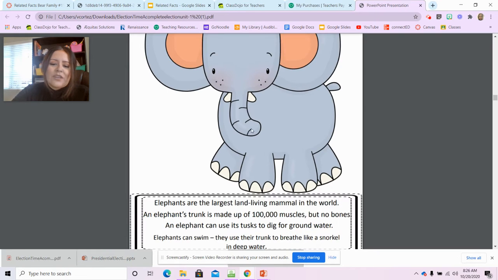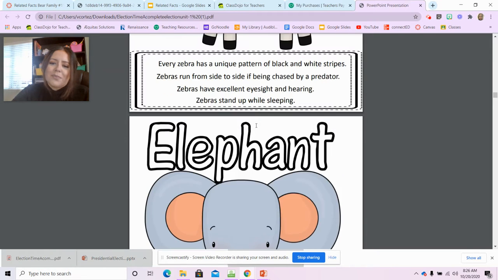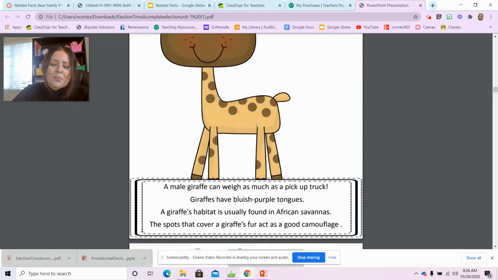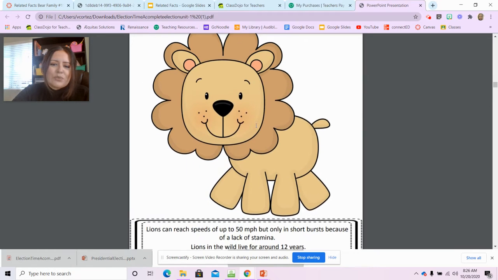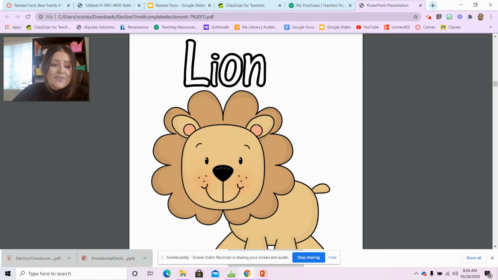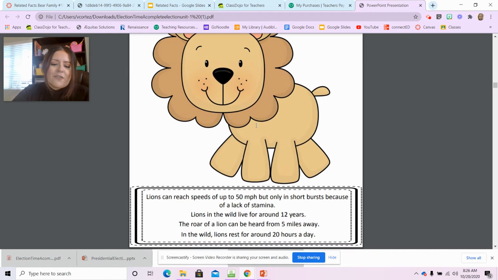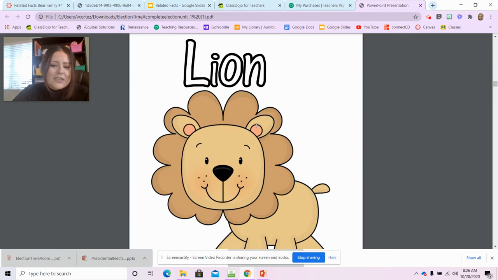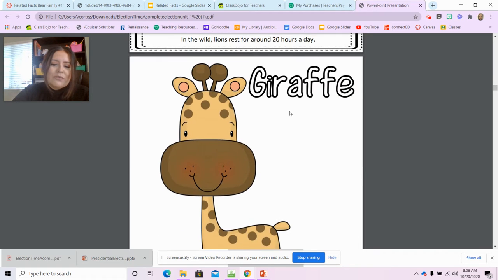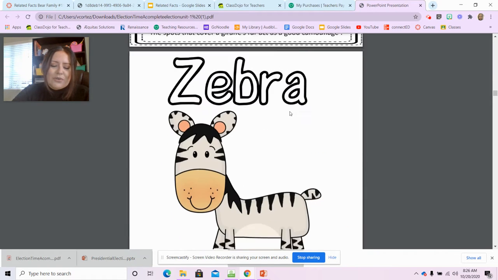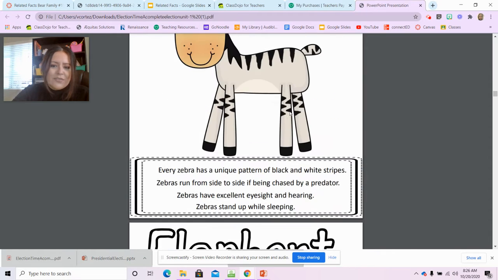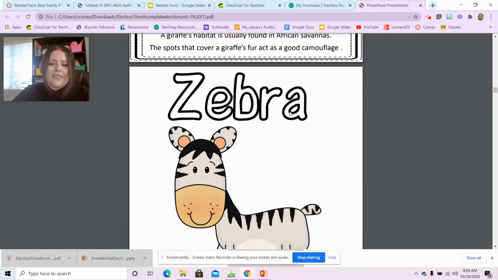But just like voting, we need to do a little bit of research before we decide which one we want. Okay? So we need to find out a little bit more about each of these animals. And some of them we've already read about. We've read about the giraffe, we read about the elephant, and we've also read about the zebra.